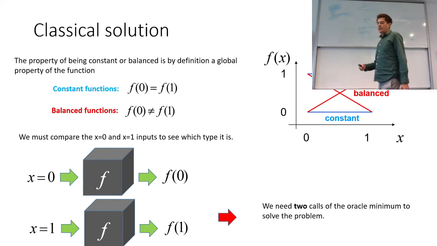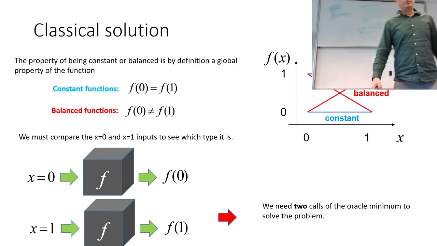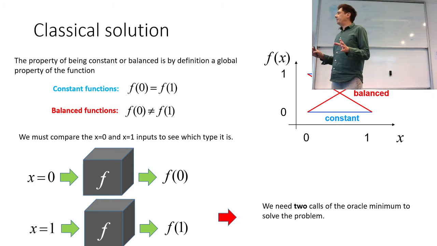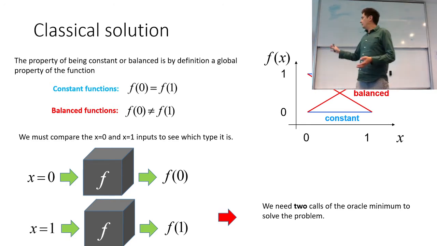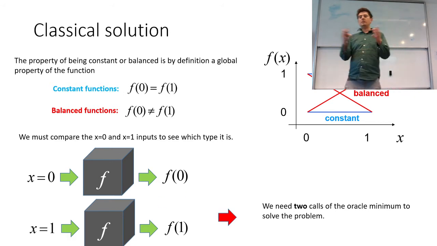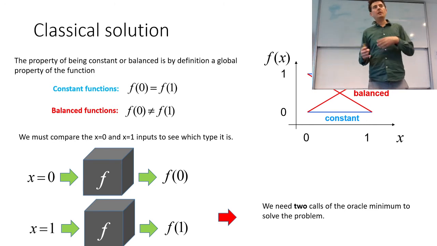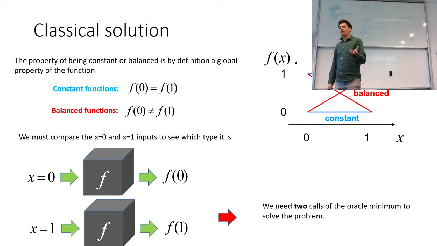And maybe all this might sound a bit abstract, but the reason why we set up the problem like this is because, say, you're working out this function f on a computer, and we've just made it a black box, but suppose it's some complicated algorithm that you need to work out what the output is, right? So the number of calls of this black box is a good way to characterize how long your computer algorithm is going to take.